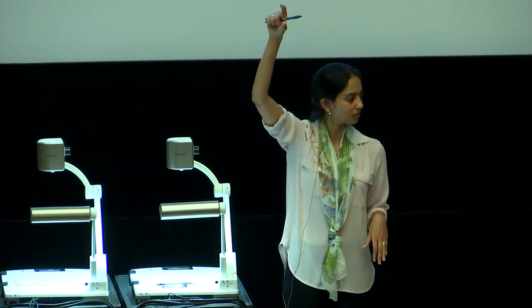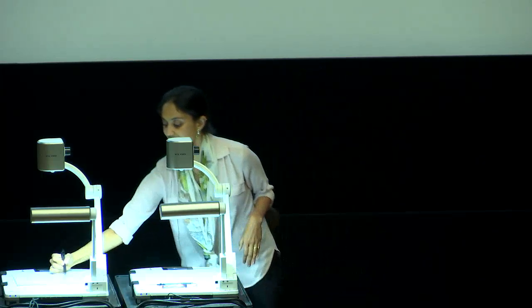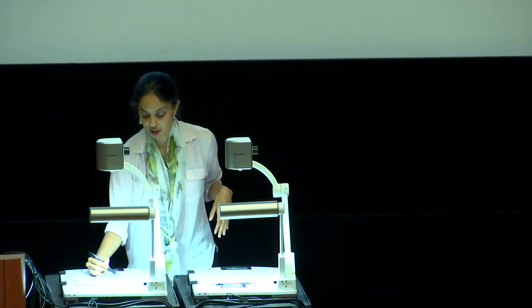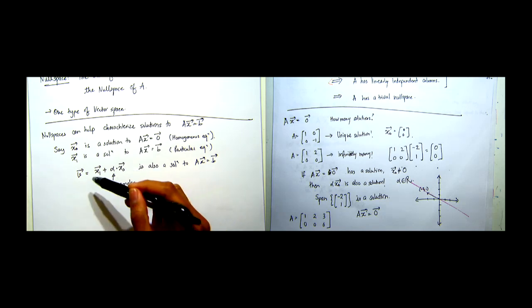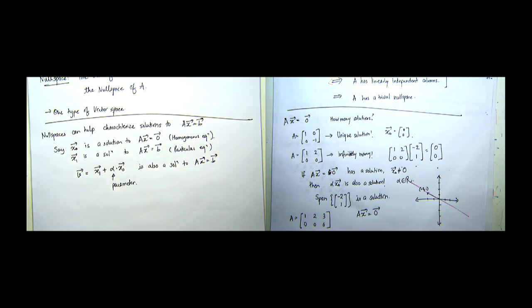So this alpha is basically a parameter. Remember there was a homework problem where you had to show that some vector plus t times some other vector is a solution to a system of equations? This is exactly like that, right? Where x naught is a vector in the null space of A, and x1 is your particular solution. So this is one reason to try and understand null spaces, because they help us characterize these families of equations.